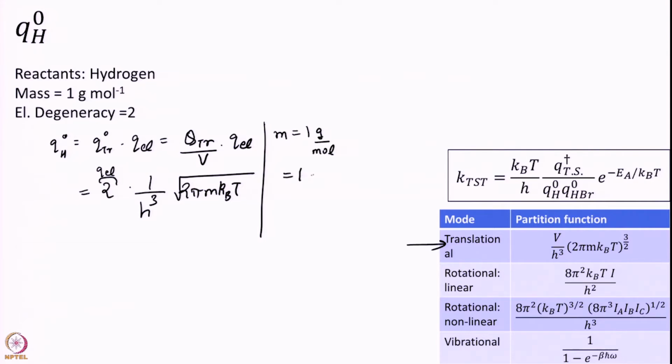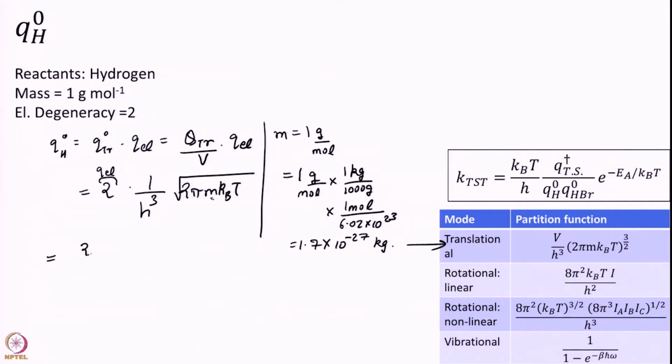We have done this a few times. 1 gram per mole times 1 kilogram per 1000 gram times 1 mole divided by Avogadro number. So, this is equal to 1.7 times 10 to the power of minus 27 kilograms. That is the mass I need to put here.